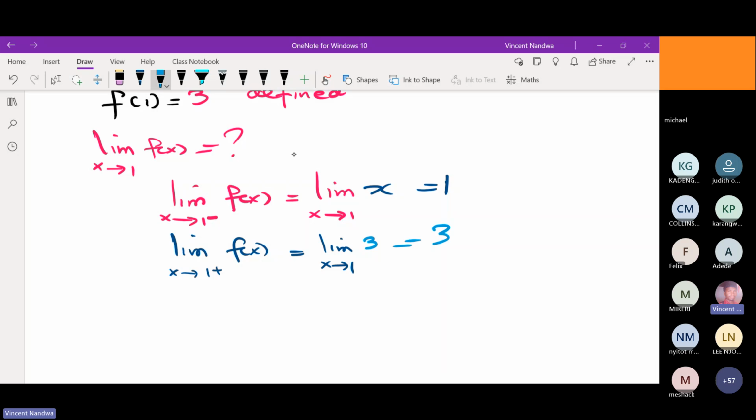Now, we see that limit of f of x as x approaches 1 from left is 1, which is not the same as limit as x approaches 1 from the right of f of x, which is 3. So what is the verdict? Does the limit of the function at x equals to 1 exist or it doesn't exist?